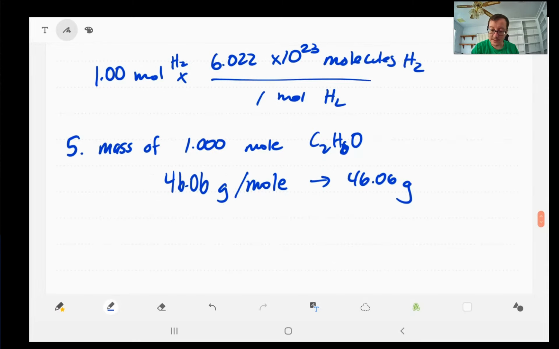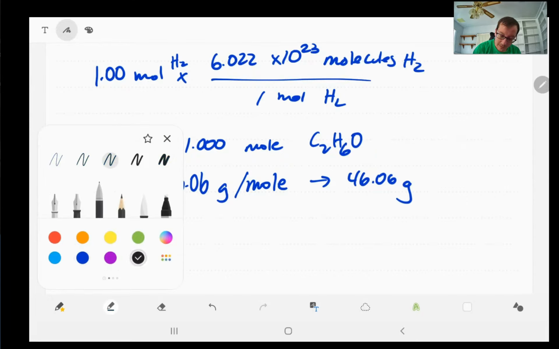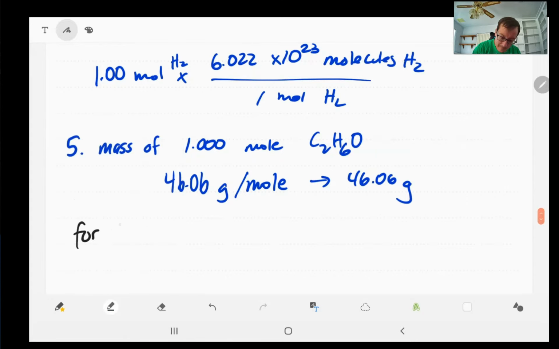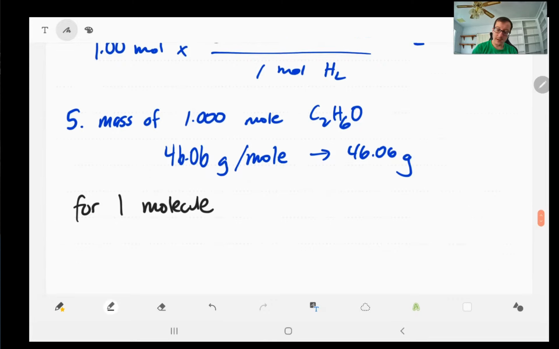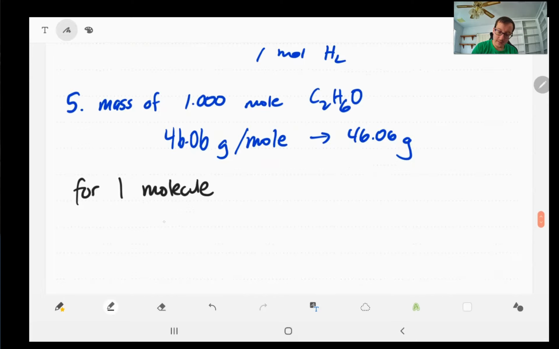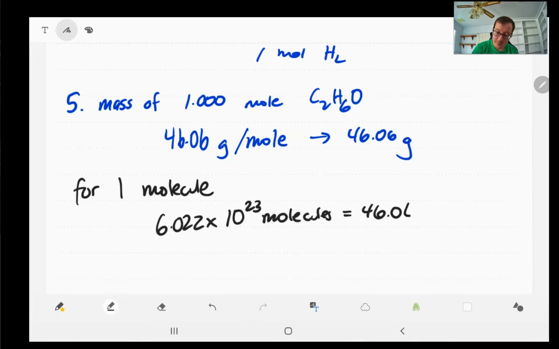What's the number under the H? That's a 6, sorry. I think I had written something else and I just tried to cover it up. So for 1 molecule, though, we know that 6.022 times 10 to the 23rd molecules would weigh 46.06 grams. That's another definition of molar mass, right?